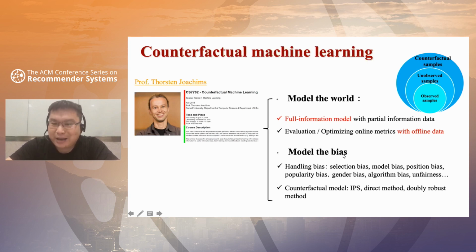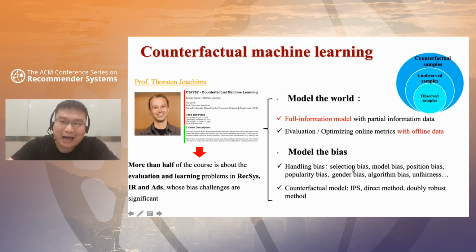There are so many biases, so it studied how to use the counterfactual model to handle the biases. More than half of the course is about the evaluation and learning problem in recommendation systems, information retrieval, and advertisement systems, because their bias challenges are significant.